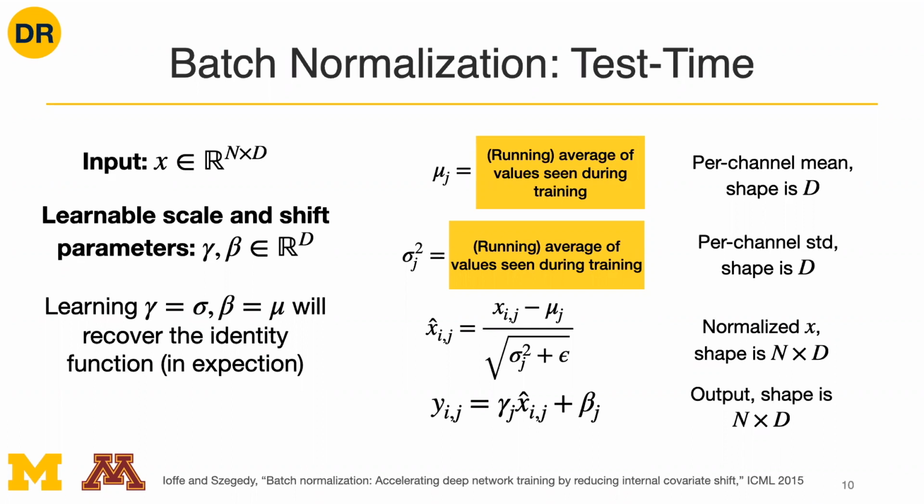Does it make sense? So during the training, you're normalizing over the batch, whereas during the testing, you don't want to do that. That's the whole point. But you need to use them during the testing anyway. The way to compute that is to have a running average during the training phase. And once you have that, you have these two constant values that you can plug in when you are doing testing.